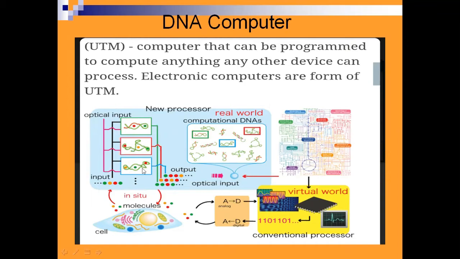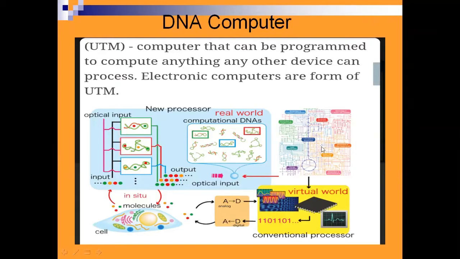In situ molecules are used here, and here the computational DNAs are there. Like it is the real CPU, where DNA molecules are going to be used. They are going to do DNA computing. Computational DNAs are used. Then the output comes here, optical output.